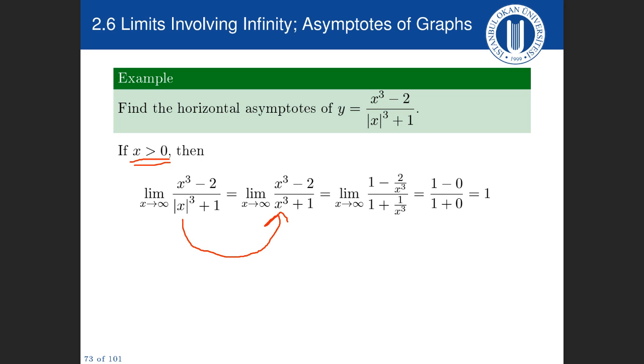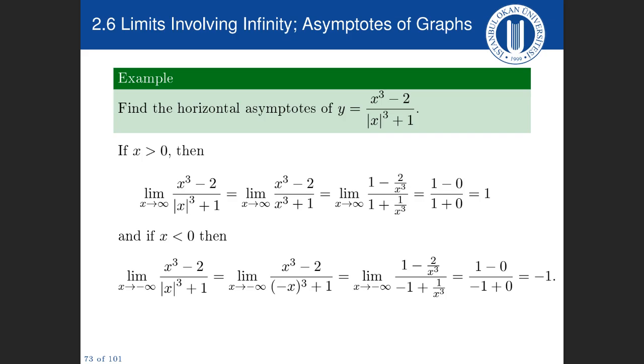And then we can do the same trick that we were doing before. The biggest power of x is x cubed, so divide everything by x cubed to get 1 minus 2 over x cubed divided by 1 plus 1 over x cubed. The limit of 1 is 1, the limit of 2 over x cubed is 0, and so on. We just get 1.